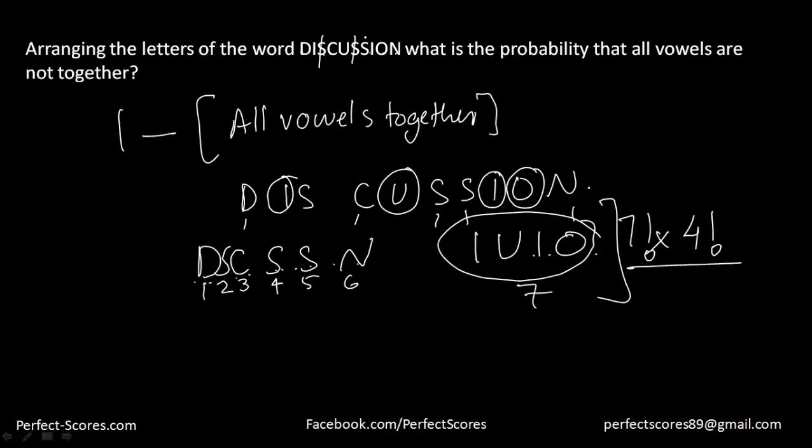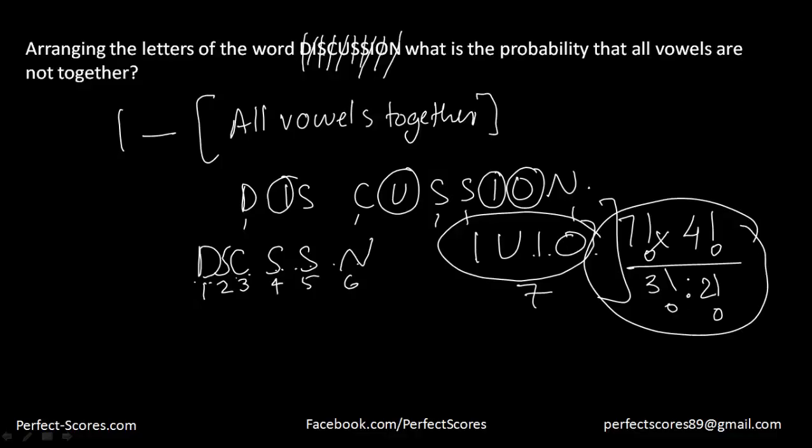S repeats 3 times, which is why it will get divided by 3 factorial. D does not repeat at all, and I repeats 2 times, which is why this is 2 factorial. C, U, O, N do not repeat. So this is the number of ways in which this can be arranged such that all the vowels are together.